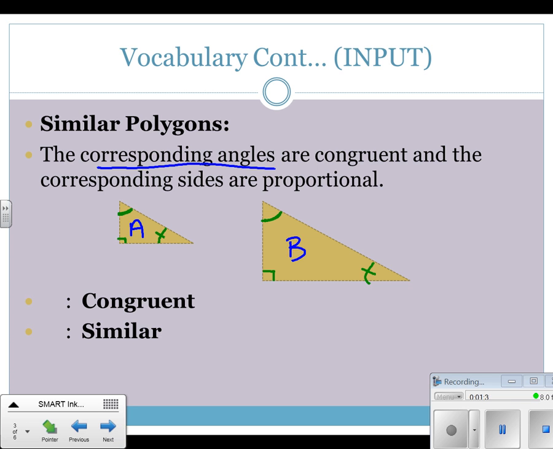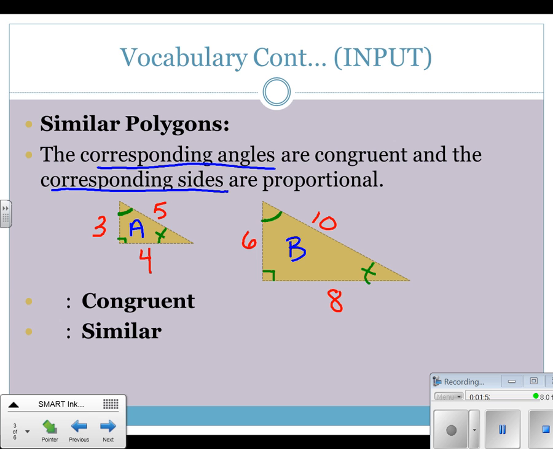Now looking at corresponding sides, the matching sides, those are proportional. So if I say that this side is, let's say, 3, and this is 4, and this is 5, and then over here I could say something like 6, 8, and 10.